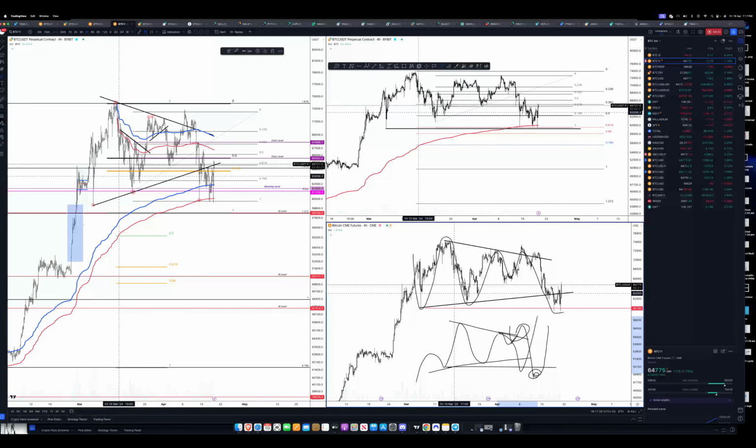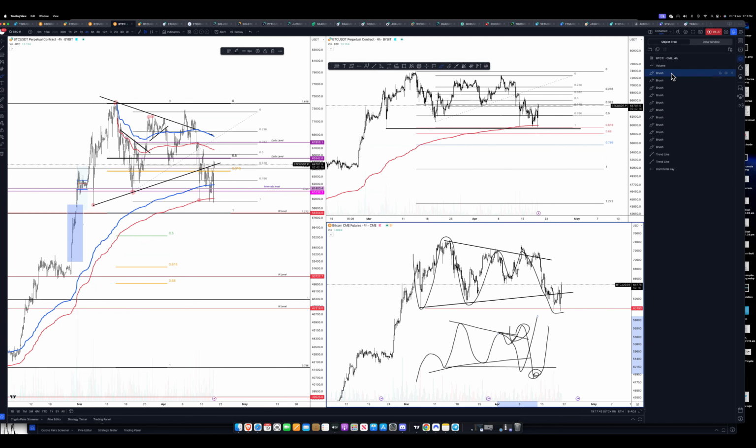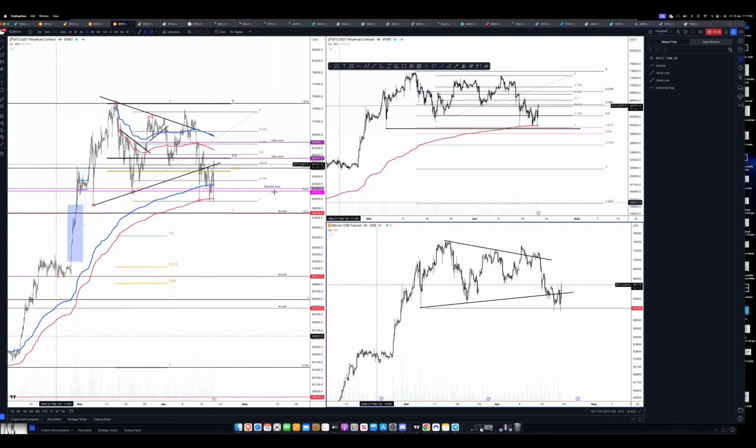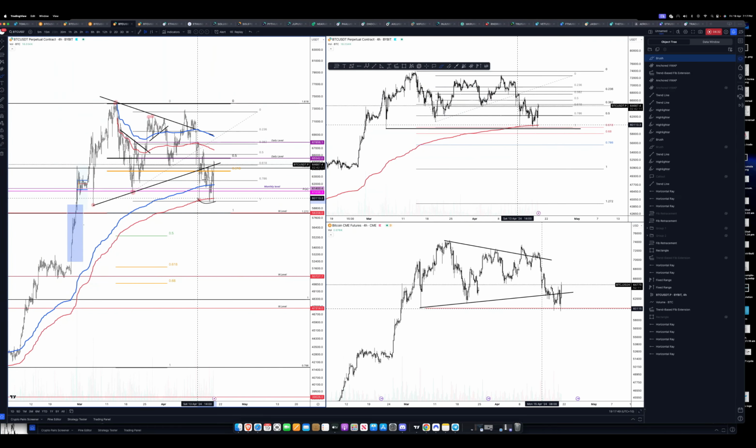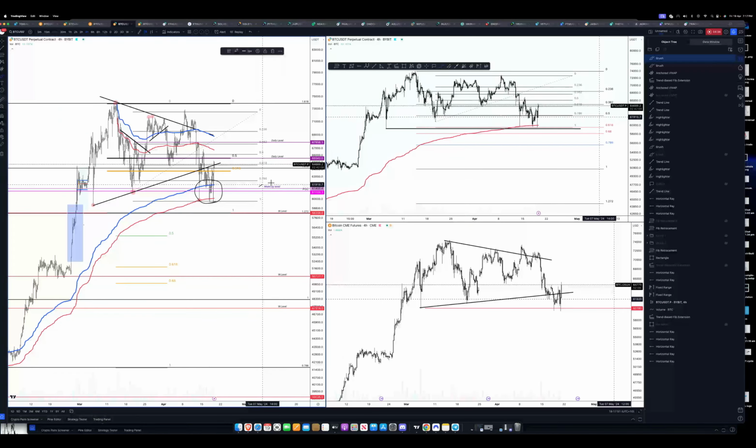So if we look at this structure, I think it fills that requirement, along with all these confluences we've already talked about. Now we have the monthly here as well. So price gone below the monthly, and it's regained it. We've got this trend line.